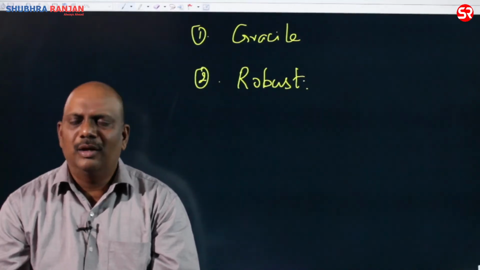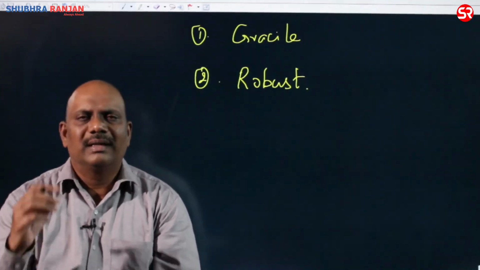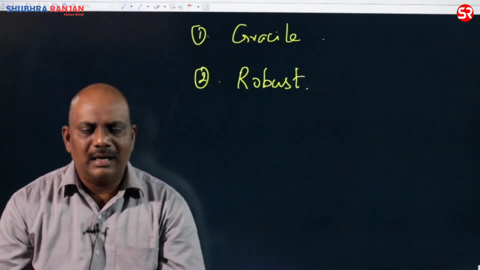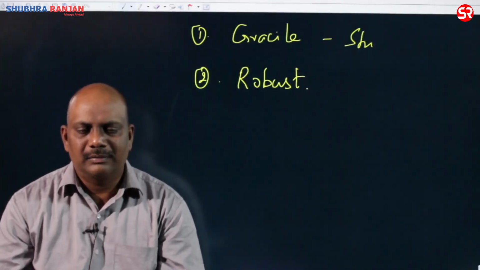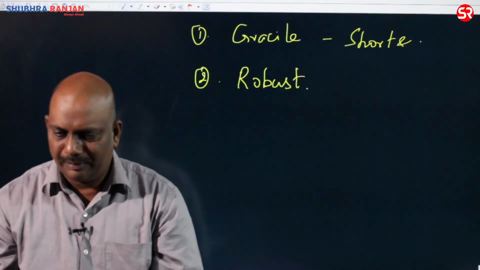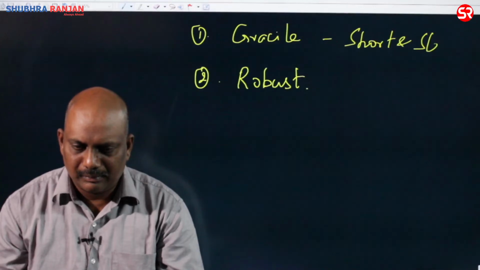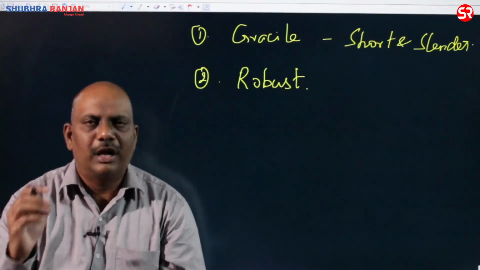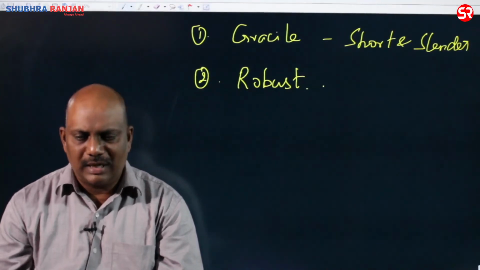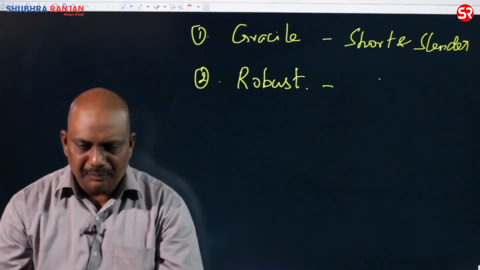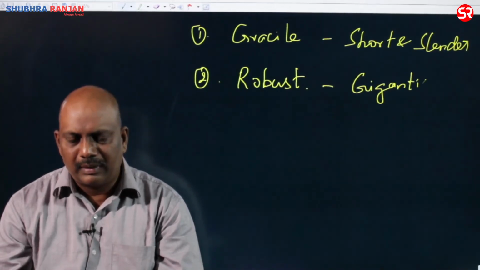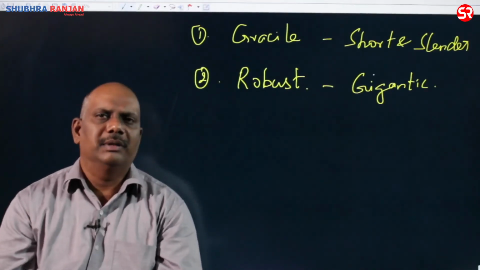Gracile, this refers to a short and a slender form of Australopithecus. While robust, this is a gigantic form of Australopithecus.